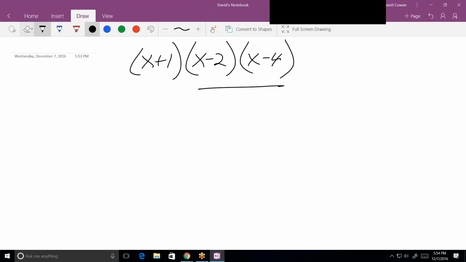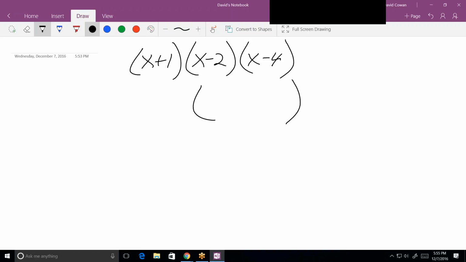It doesn't really matter. You can do it in any order you want. In other words, you can multiply the first 2 terms and then multiply that by the third term, or you can multiply the second and third terms together and then multiply that by the first term. I'll multiply the second and third, and you'll see why I like it a little better.